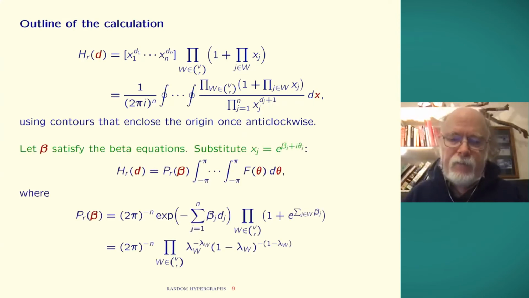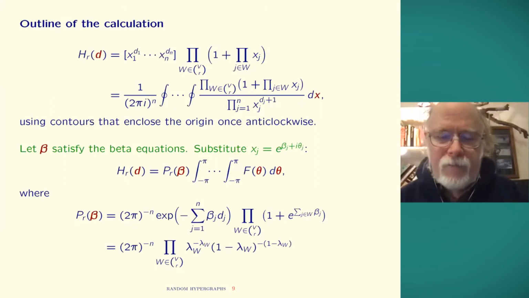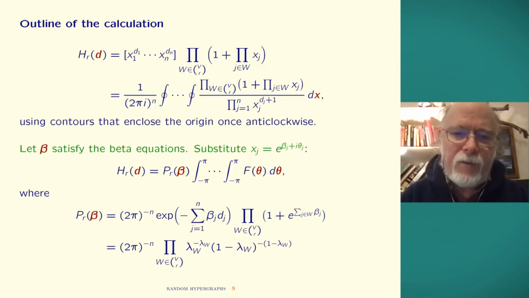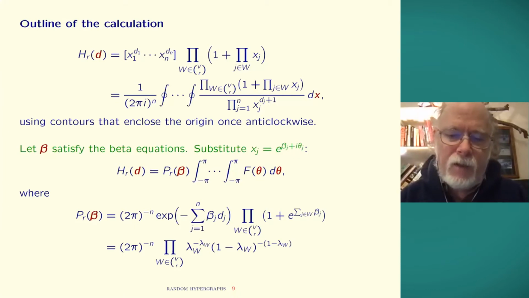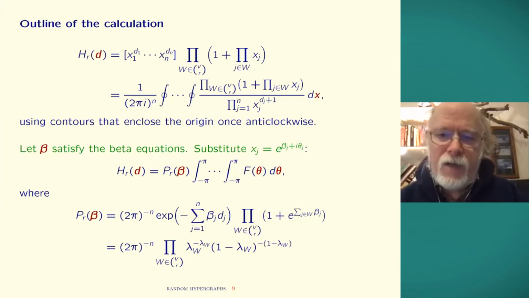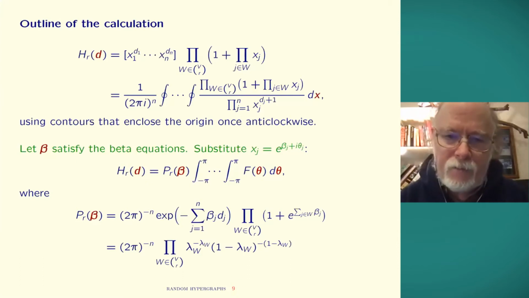Now we're almost going to find where the beta equations come into it. We'll take the contour for variable xj to be a circle, but there's a different radius for each of the variables. Xj has a circle of radius e to the beta j, and it has a new variable theta j telling you how far around the circle you've gone.